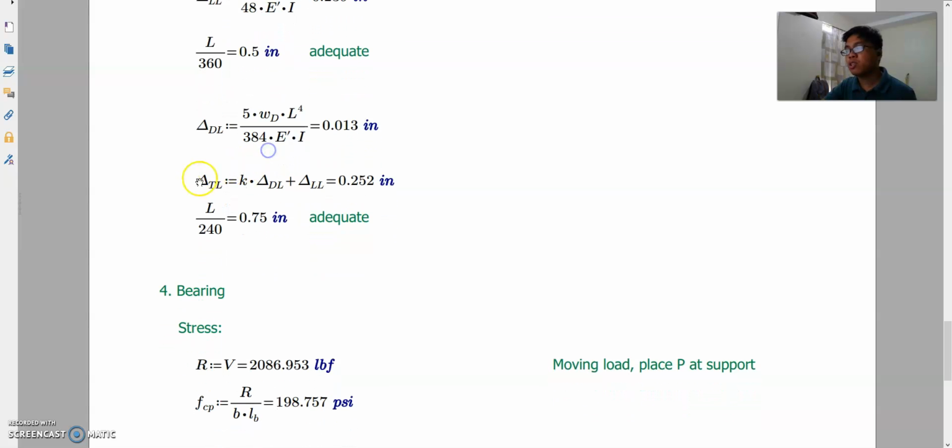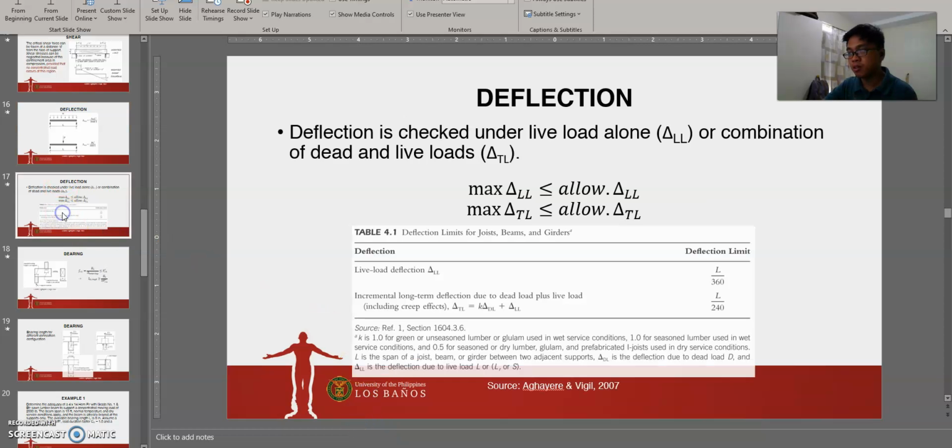And then we get the total load, but we need to find first K. What is K? K is 1 for green or unseasoned lumber or glulam used in wet service conditions, 1 for seasoned lumber used in wet service conditions, and 0.5 for seasoned or dry lumber, glulam and prefabricated I-joists used in dry service conditions.